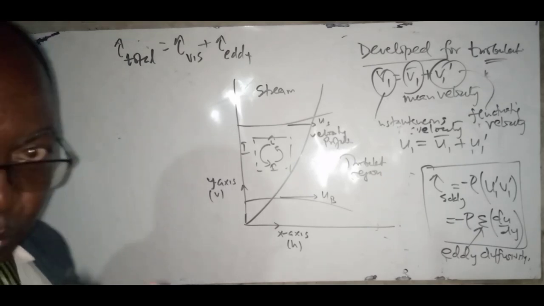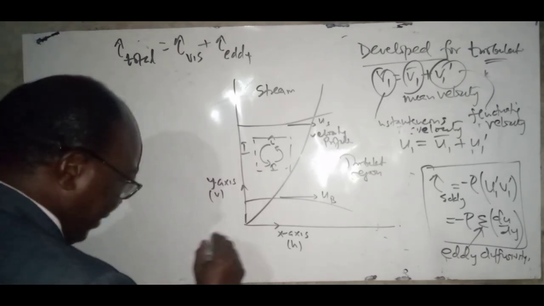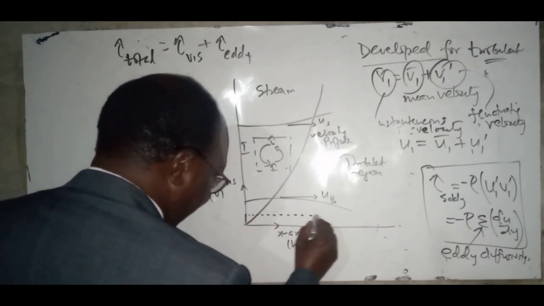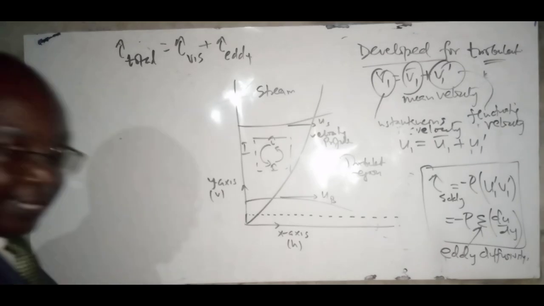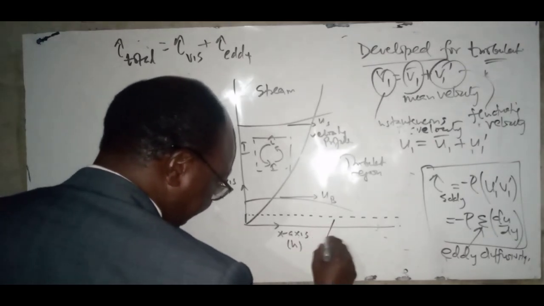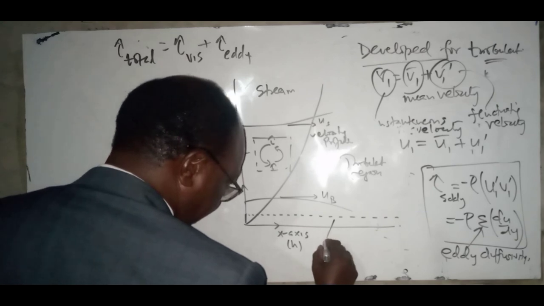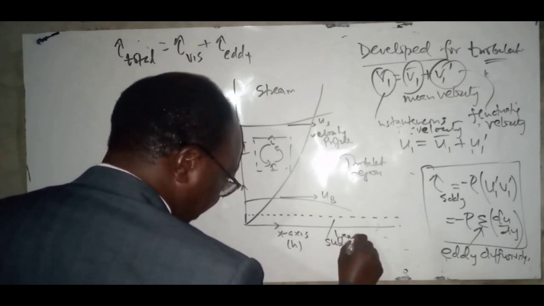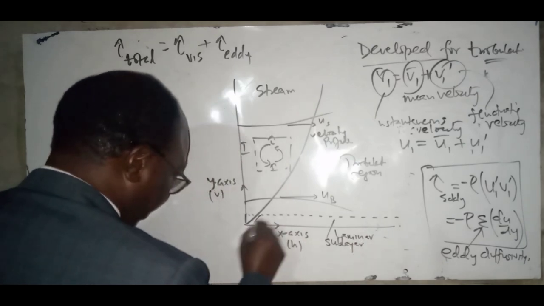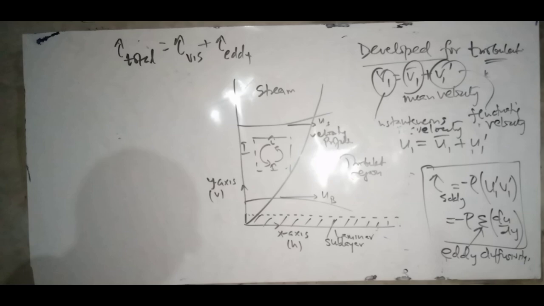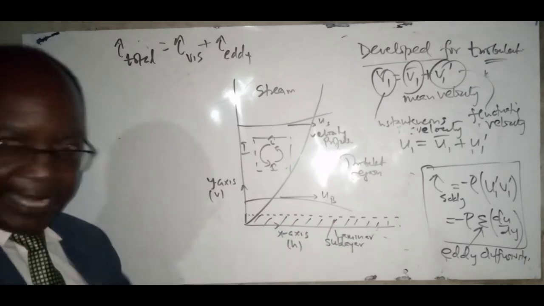So, always remember, even if you don't mention it, there's a laminar sublayer here, next to the wall. If you don't mention it, always remember there's a sublayer, some small layer where we have laminar flow.